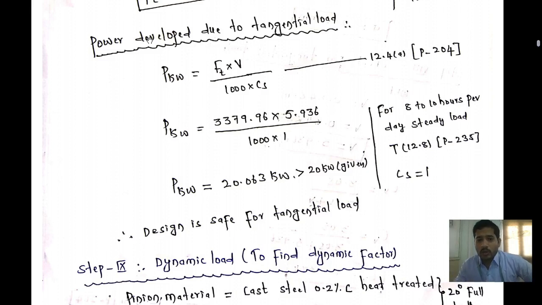So the power developed due to the tangential load has the formula P in kilowatt equal to tangential force into linear velocity by 1000 into Cs. For 8 to 10 hours per day steady load, refer to table number 12.8, page number 235 from the design handbook. The Cs value you have to consider here is 1.